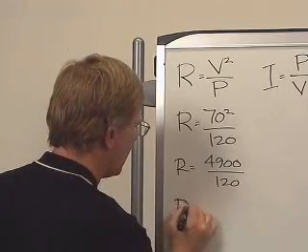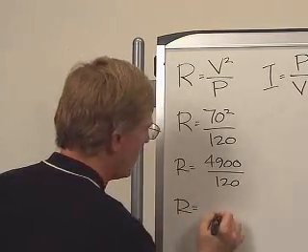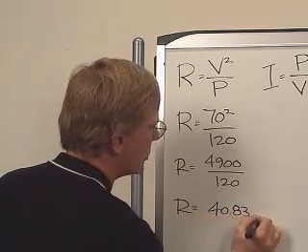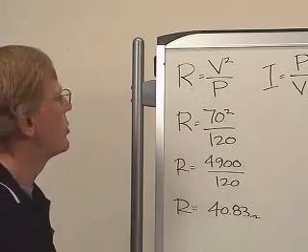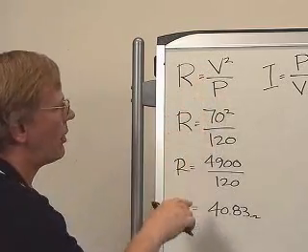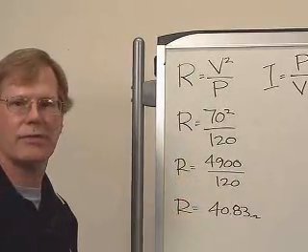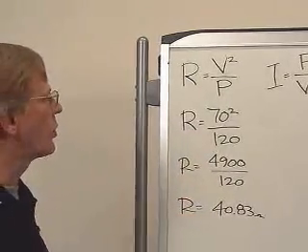And this tells me that the resistance in the circuit is 40.83 ohms. So that's working with, we know the voltage and the power. We square the voltage up top, divided by the power, and we find that we have 40.83 ohms worth of resistance.